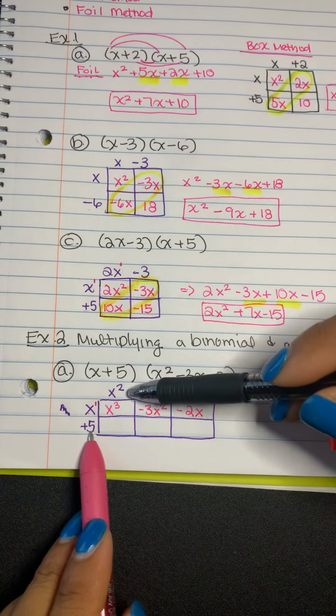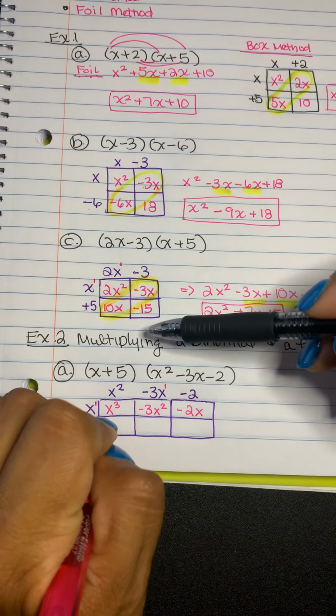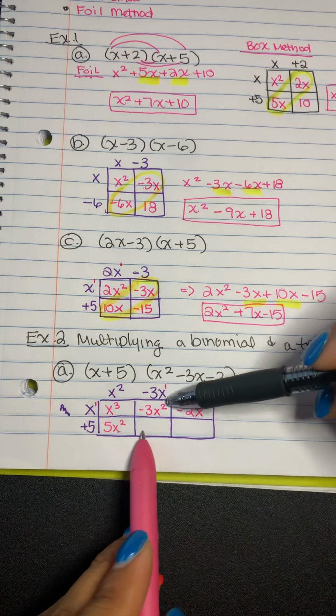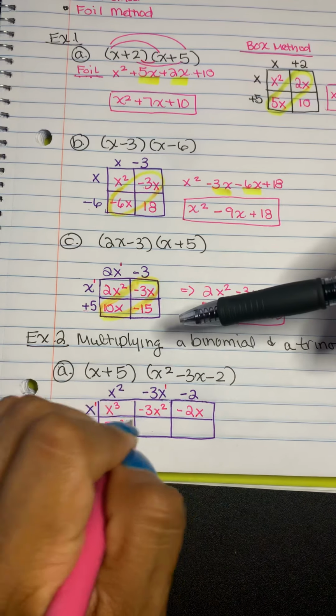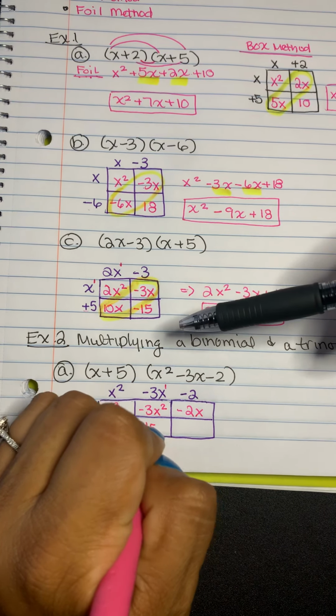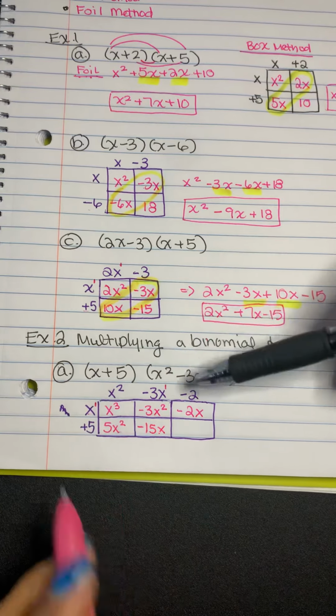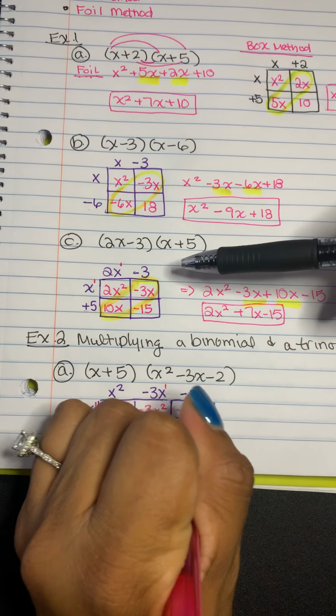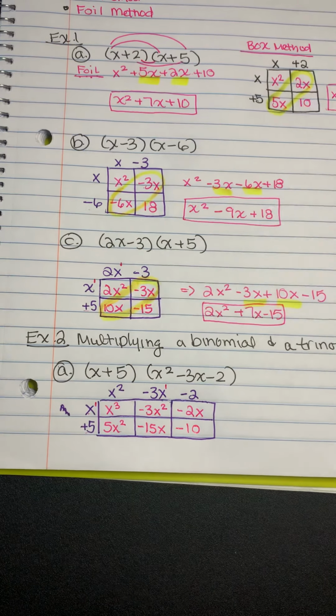All right, down here we have 5 times x squared is positive 5x squared. Here we have positive 5 and negative 3x, so this is negative 15x. And our last one is 5 and negative 2 multiply, and we end up with negative 10.